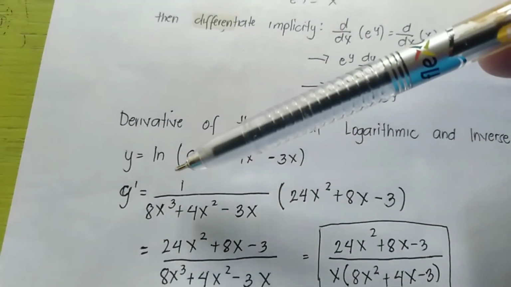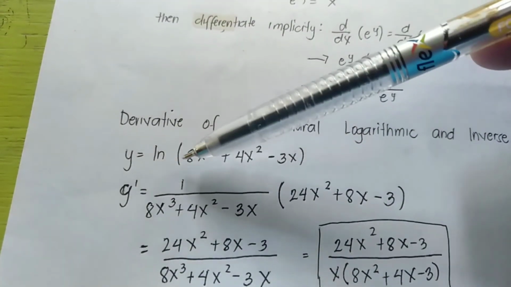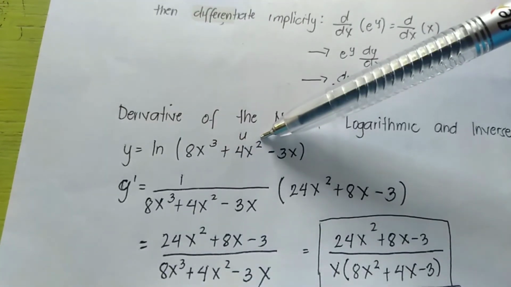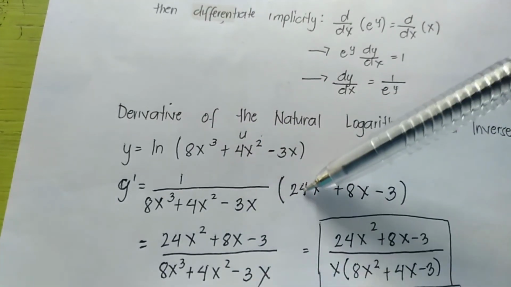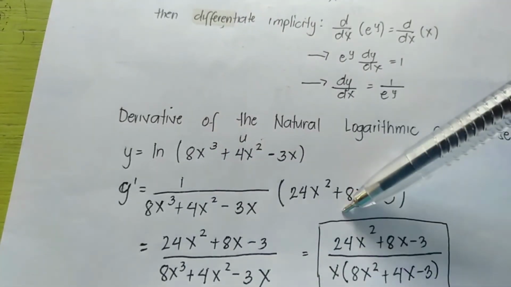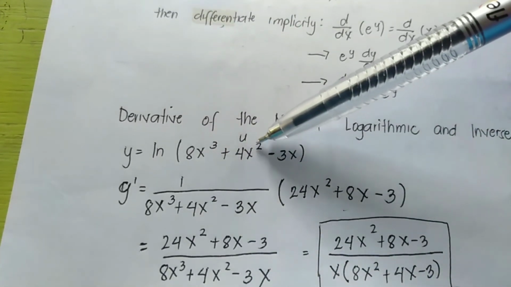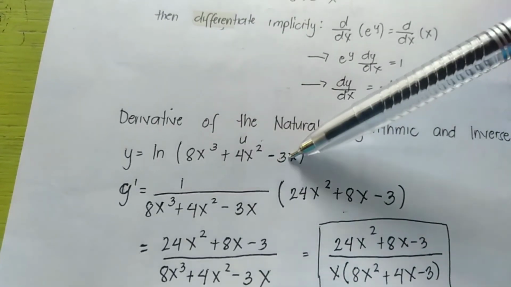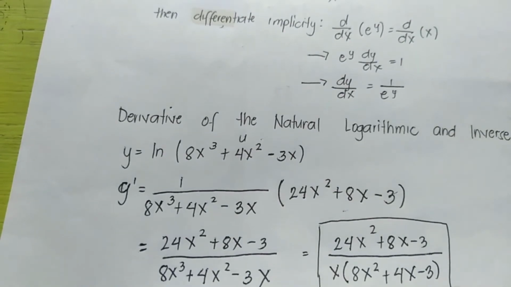So 1 over u, our u is 8x cubed plus 4x squared minus 3x, times the derivative of u: 8 times 3, 24x squared. The derivative of 4x squared is 8x, then the derivative of 3x is 3.